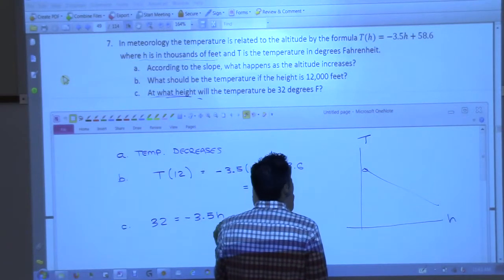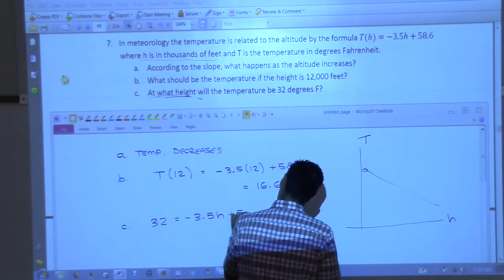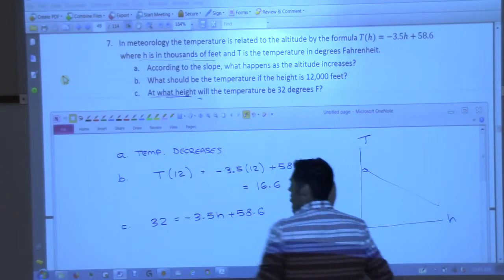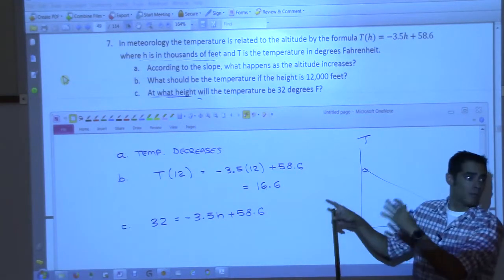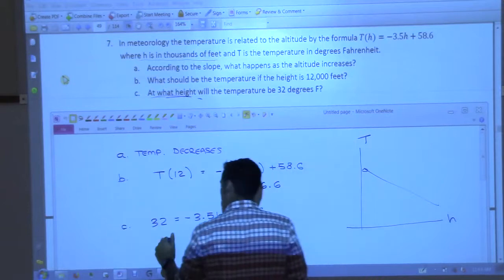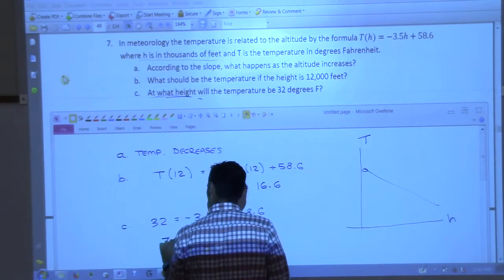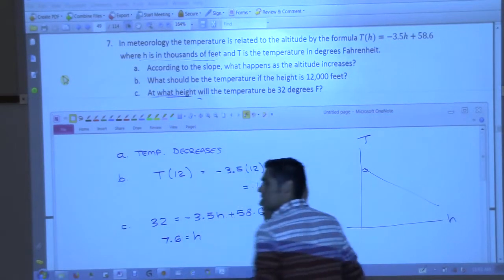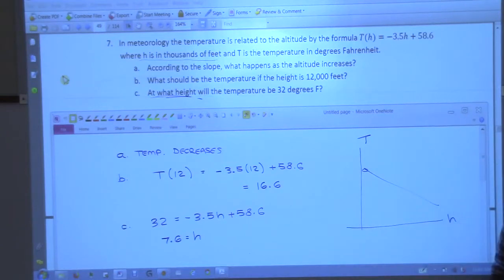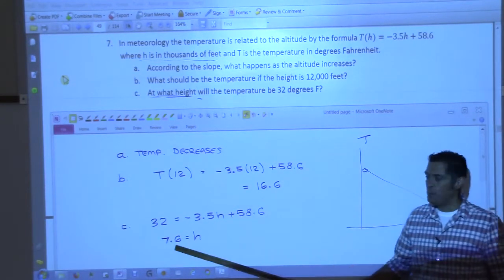7.6. Okay, so let me put this in here. So you move things around. You got 7.6. Anyone else get 7.6? Yes? Okay, so is this correct? Have we answered the question? No. Almost, right? It's saying at what height? So are you saying at 7.6 feet?